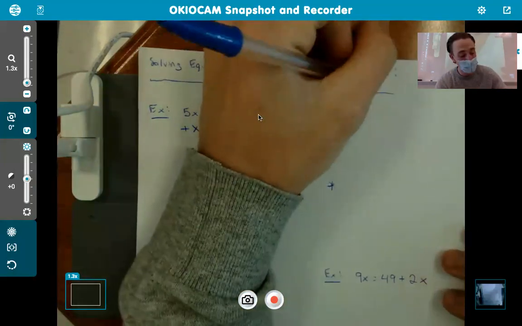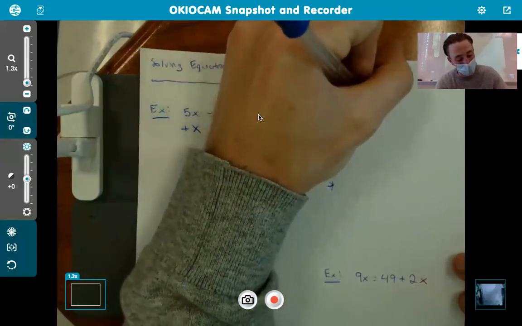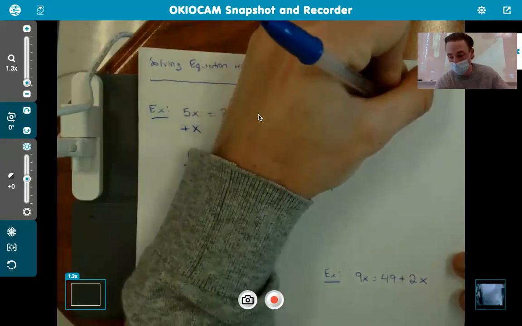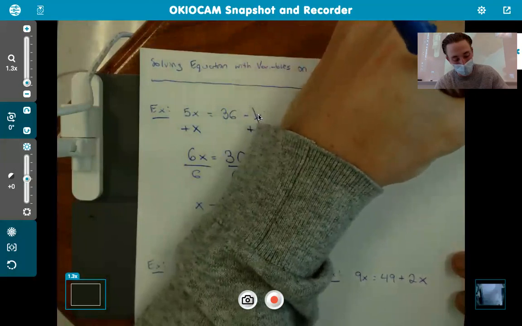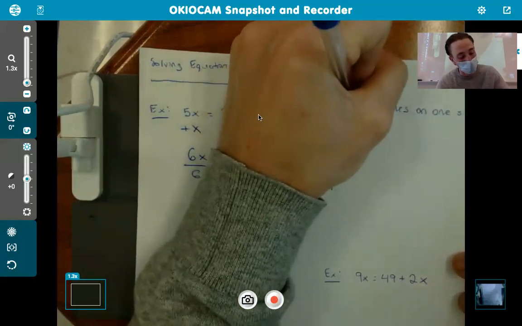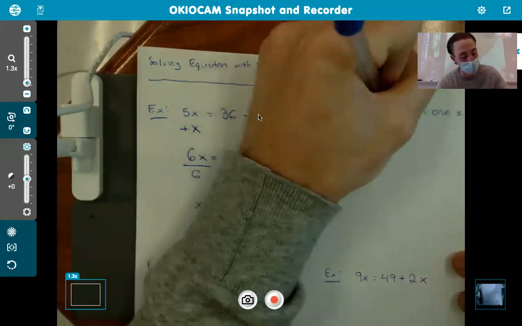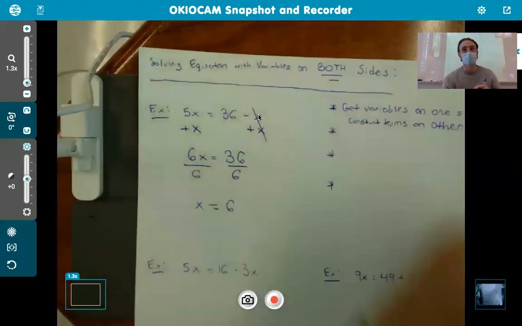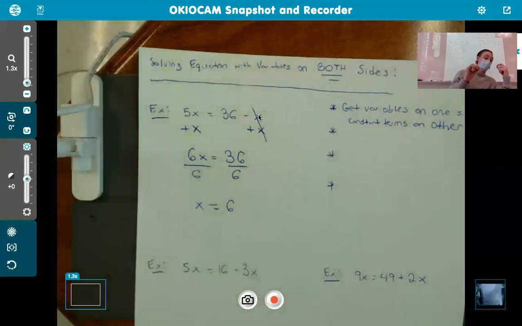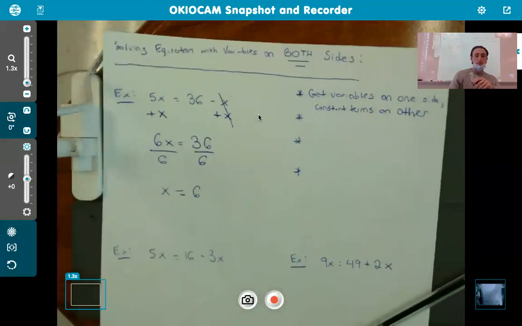Because our first step is to get variables on one side and the constant terms, so just numbers, on the other. So it's important that we understand that that should be our first step. We get variables to one side, constant terms to the other. Any questions there?